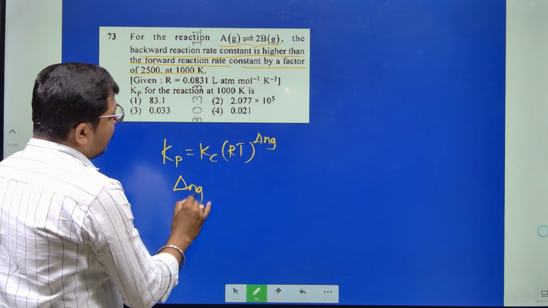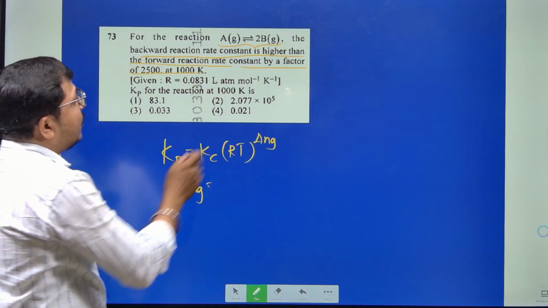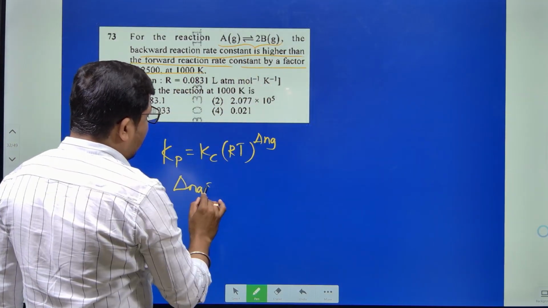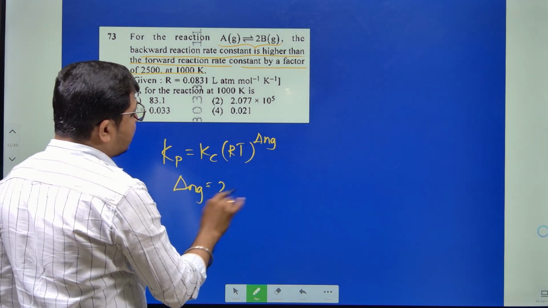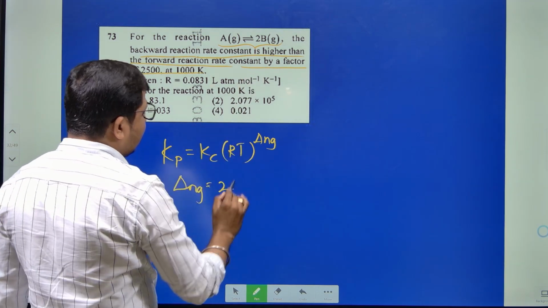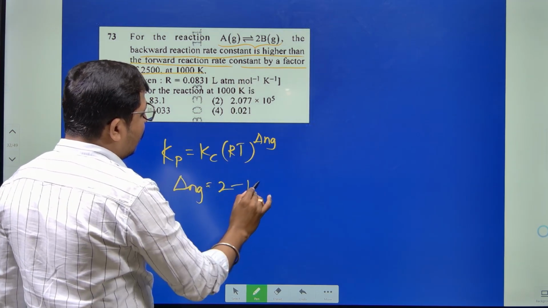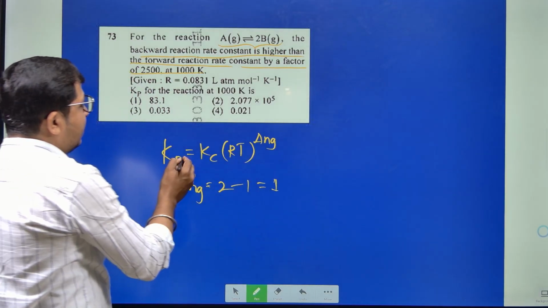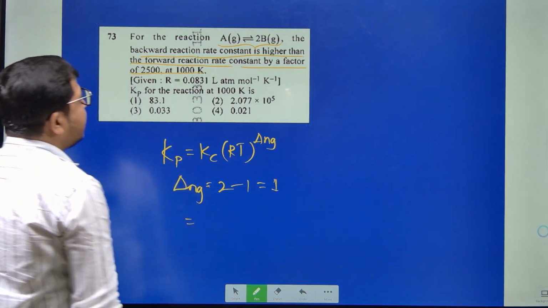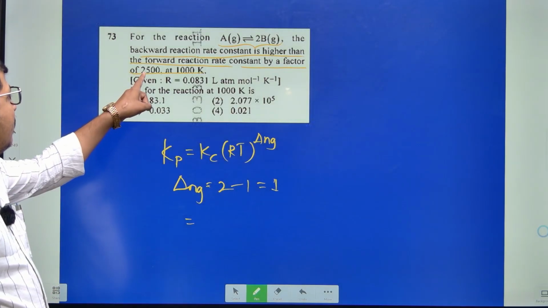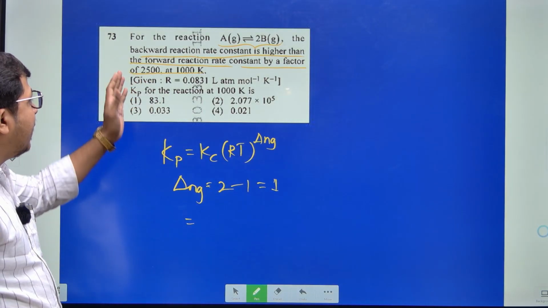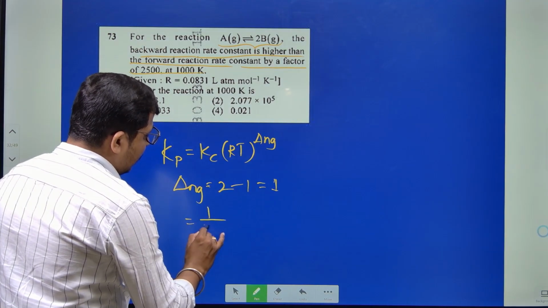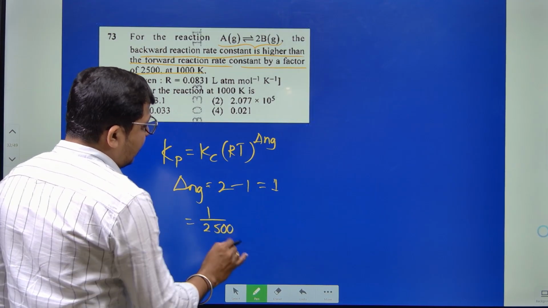Delta Ng: from the product side, 2 moles of gas are there, and in the reactant side 1 mole, so 2 minus 1 becomes 1 mole. Next, Kc for the forward reaction is 2500, and for the backward reaction it is 1 divided by 2500.